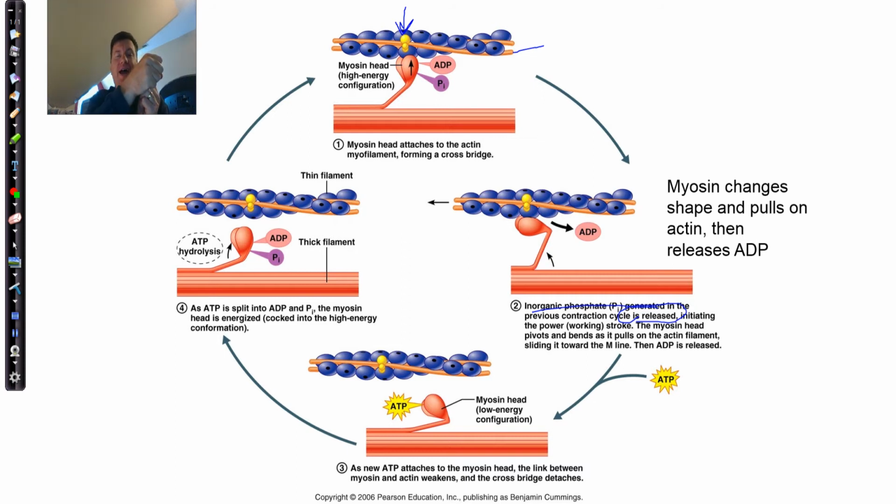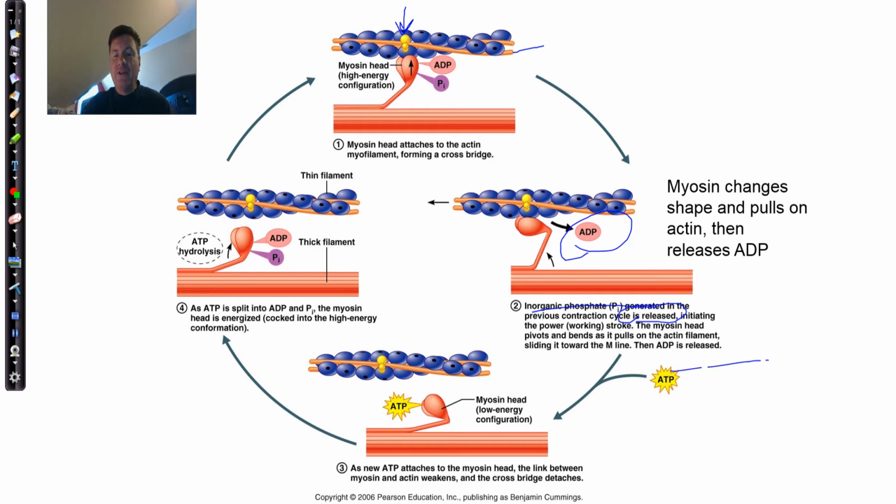Remember, it's bound to actin, so when it changes shape, it pulls on actin, and then at the same time, as a result of this, we're going to release ADP as well. So now we have everything in this position. Note that myosin is still bound to actin, but now we've moved actin a little bit. We've had this power stroke.